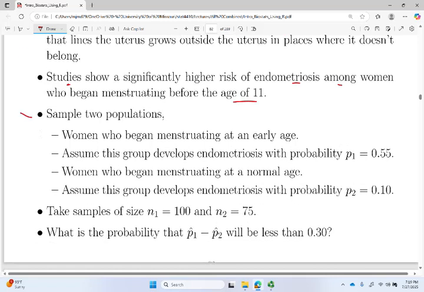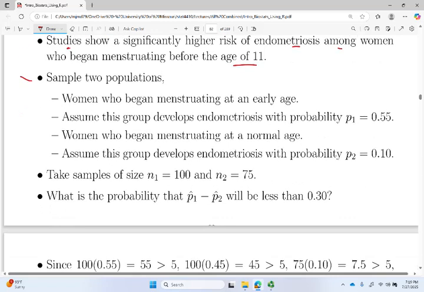So let's sample two populations, one where the women began menstruating early, and let's assume that this group develops endometriosis with probability 0.55. And notice that we're assuming that's the population parameter. And then the second population is women that began menstruating at a normal age. And let's assume that this group develops endometriosis with a probability of 0.1.